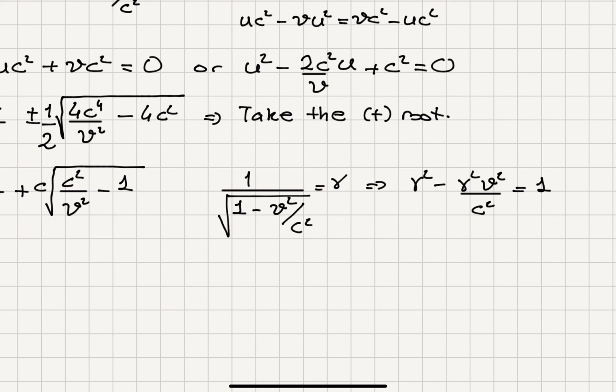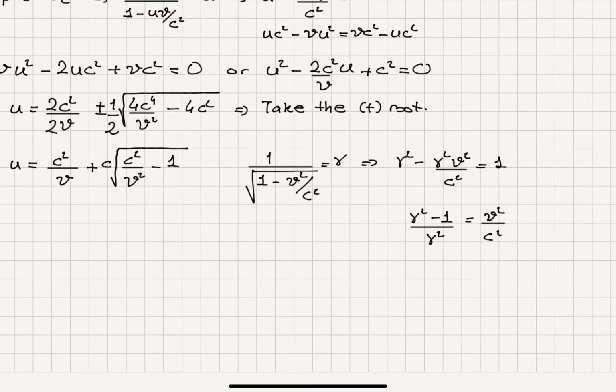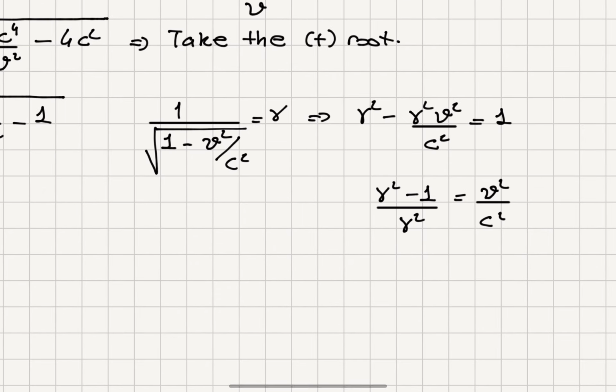And this is going to give me gamma squared minus 1, so I take this to the left hand side and this to the right hand side, so divided by gamma squared is equal to v squared over c squared. So this is going to give me c divided by v is equal to gamma divided by square root of gamma squared minus 1.